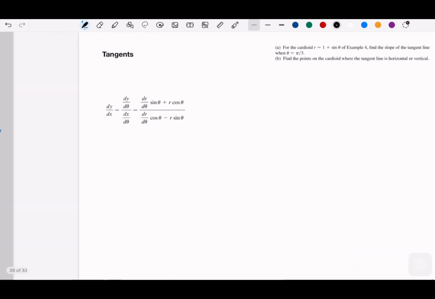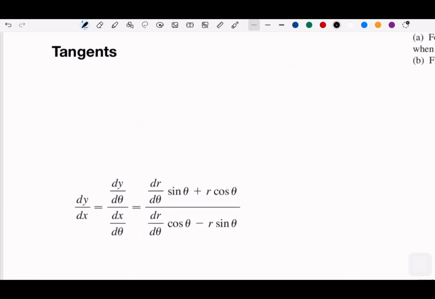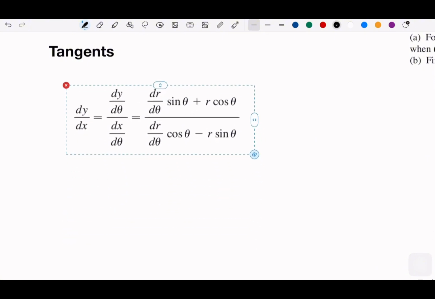Now let's move a little bit to the tangent. So we have derived both dy and dx from the previous one, and since we know the tangent in parametric, we can work like this.